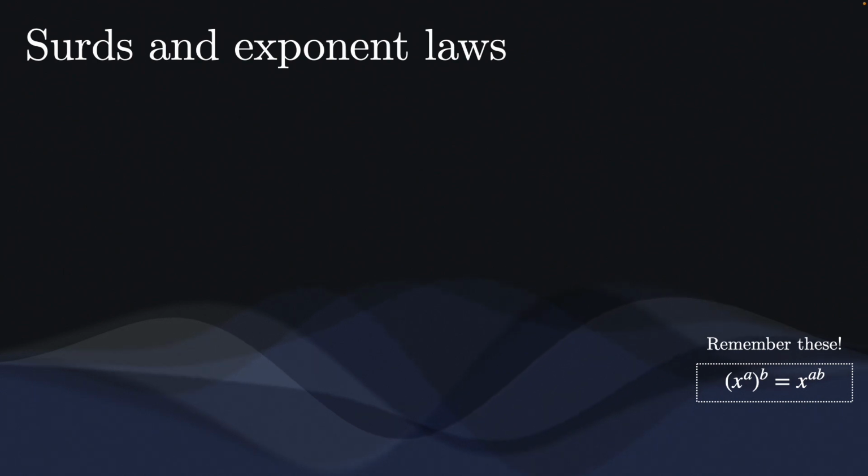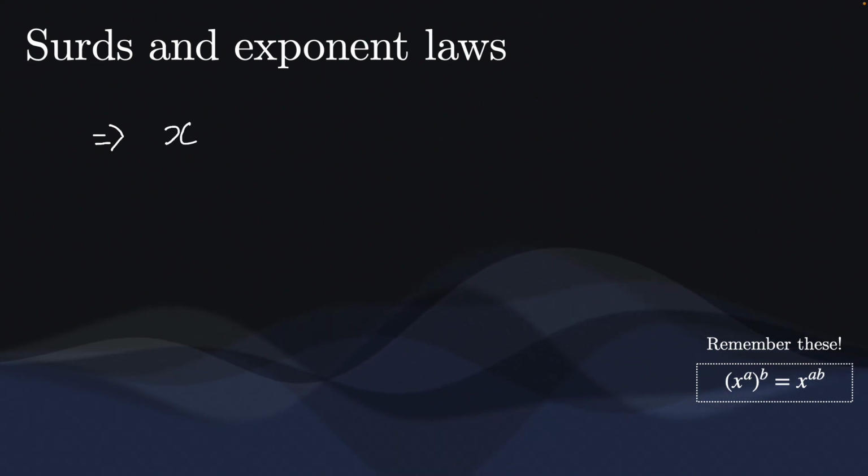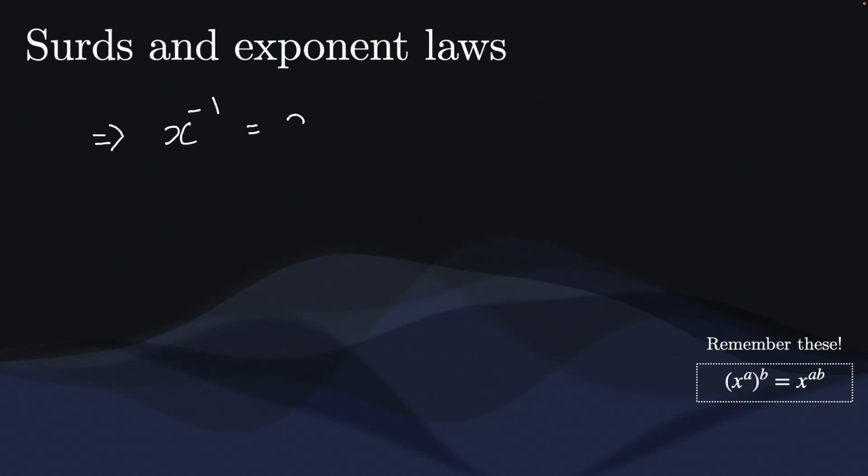What happens if we have x to the power of a negative number? So, we have x, let's say for now, to the power of negative 1. What does that mean? Well, what's negative 1? That's just 0 minus 1, right? So we can just write that as x to the power of 0 minus 1.